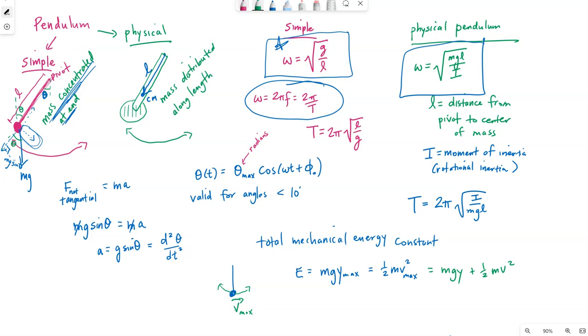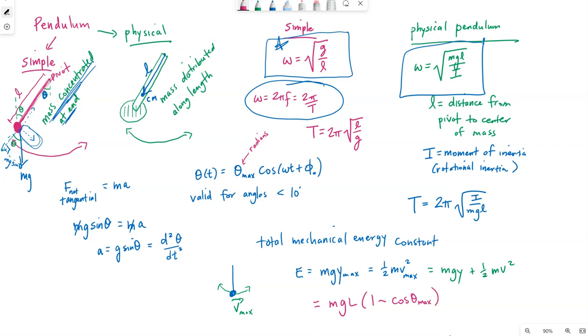Now, just quickly, you're going to see on the test notes, at least as for now, mgL times 1 minus cosine theta max.